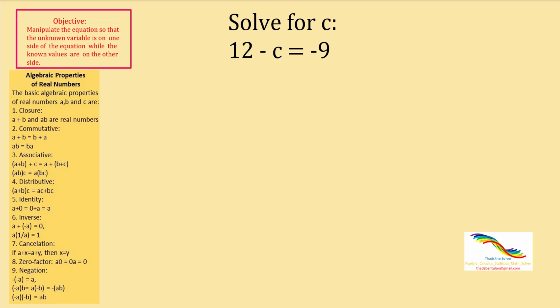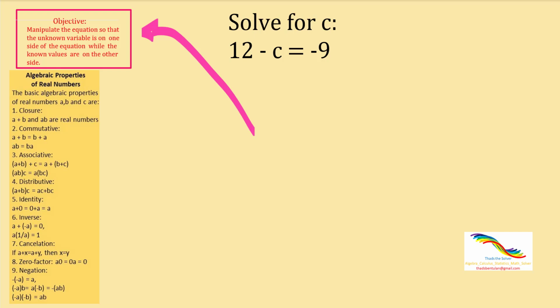Our problem for today is to solve for C in the equation 12 minus C equals negative 9. To solve this problem, our objective is to manipulate the equation so that the unknown variable is on one side of the equation while the known values are on the other side.